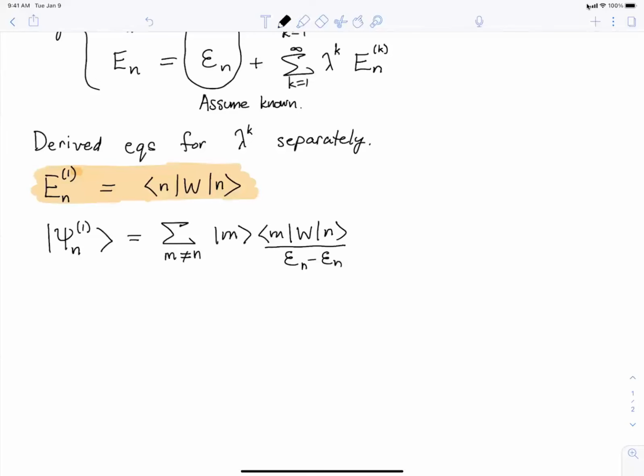That is the unperturbed energy difference. Okay, so that's also an important formula, though we won't quite use that as much as the energy correction. But together, these form the first order corrections to the state and the energy.